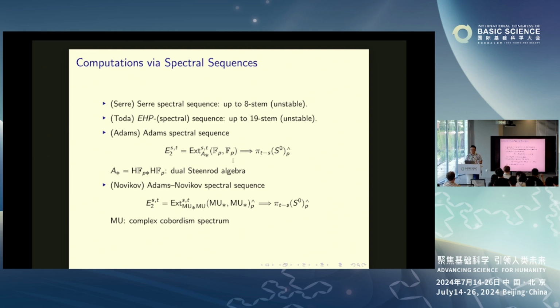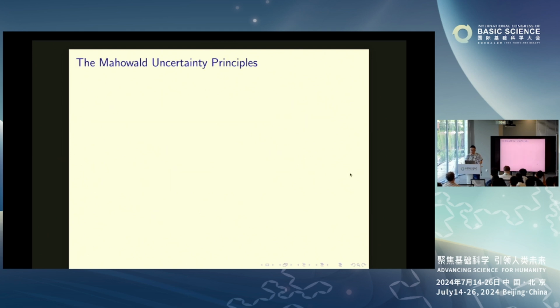their E2 pages are both Ext over some Hopf algebra or Hopf algebroid. The Adams one is based on mod p cohomology, and the Novikov one is based on complex cobordism spectrum. So before I talk about these computations, here's a warning, which is stated as the Mahowald uncertainty principles.